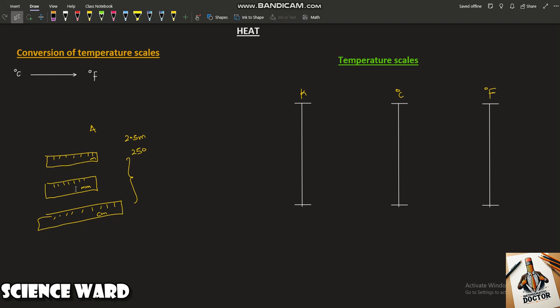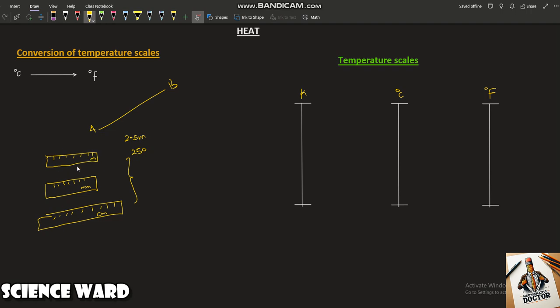This is a ruler, and this is another ruler, and this is another ruler. You will notice that rulers are used to measure length, right? And of course, let's draw ourselves a length here. I have drawn a line from point A to point B.